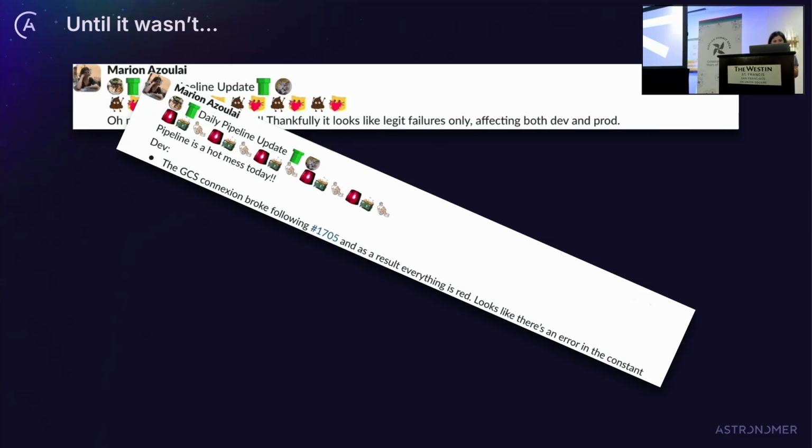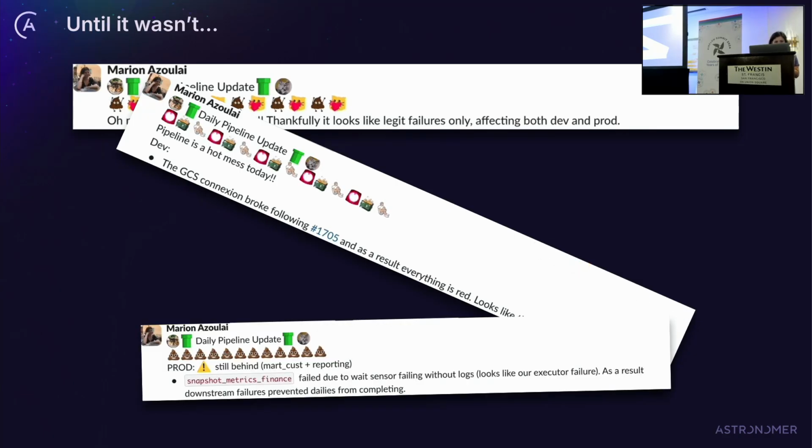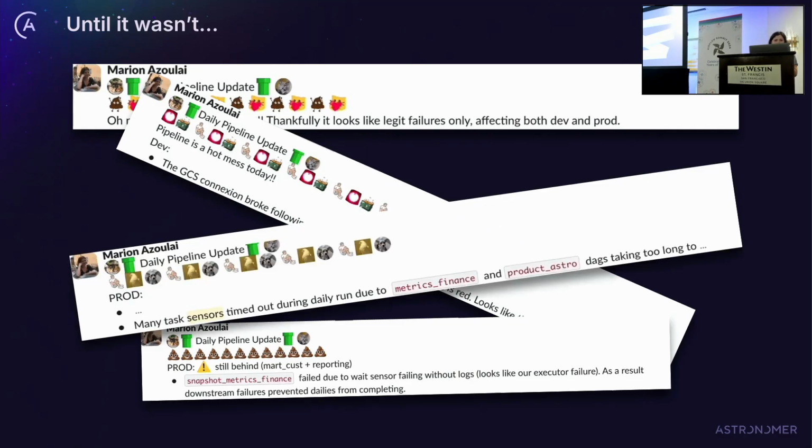The next day, pipeline is a hot mess today. Then, oh no, prod is behind, poop emoji. And then many task sensors timed out. It started being almost every day that the pipeline would be all red. And I had to deal with that because I was the only one awake. It was not fun. So why did that happen?